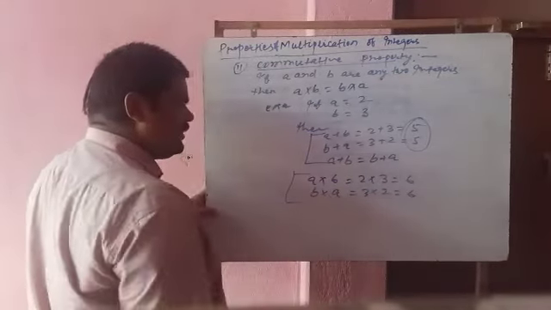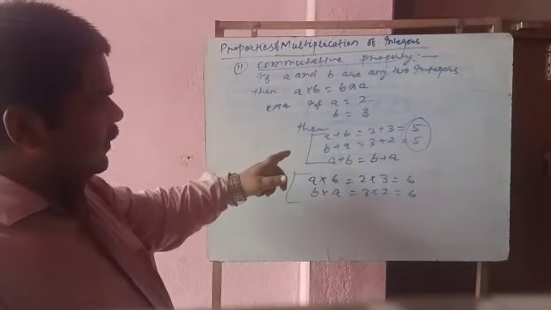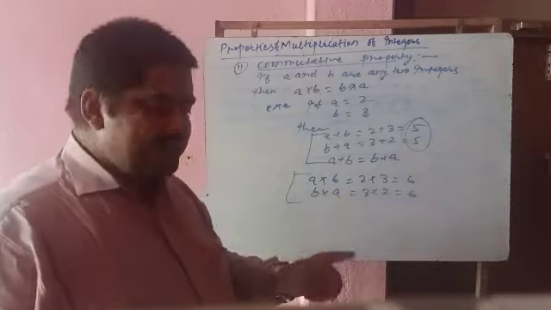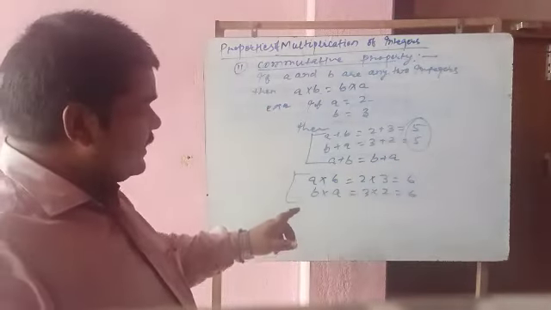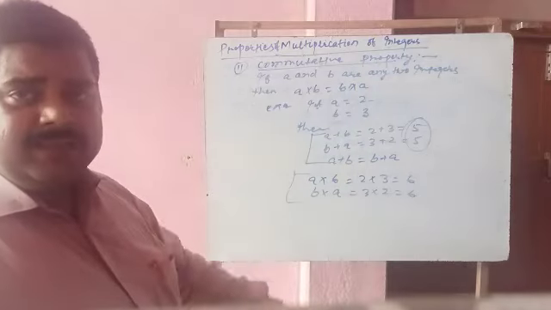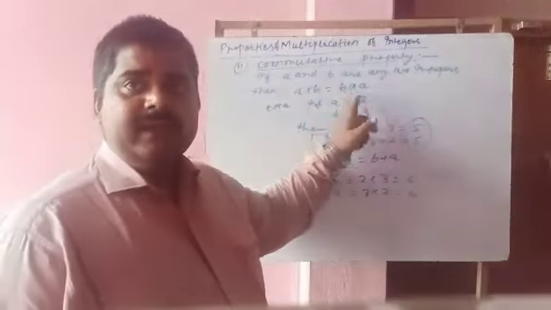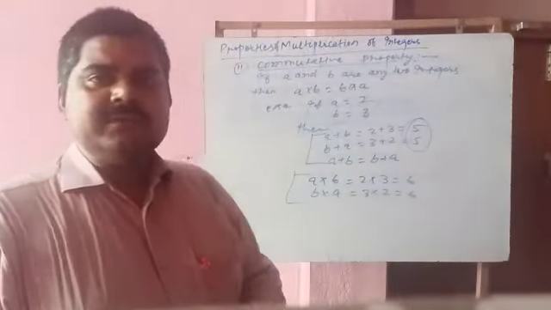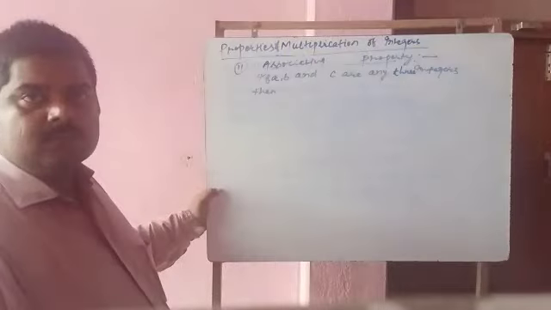The commutative property that you learned for addition is similar for multiplication. The product of any two integers doesn't depend upon the order of the numbers.